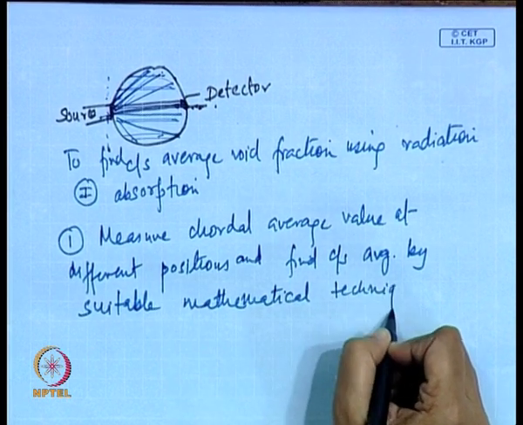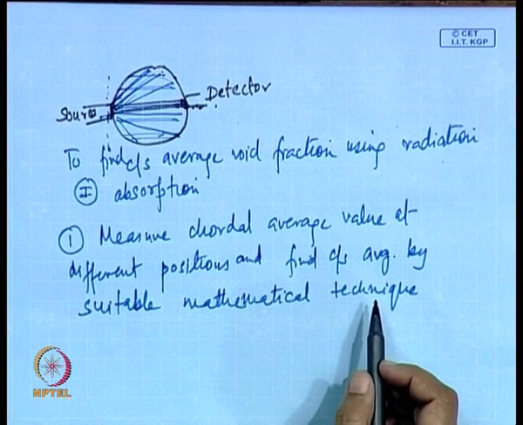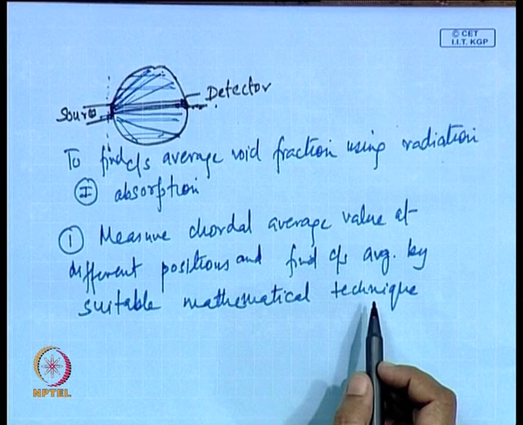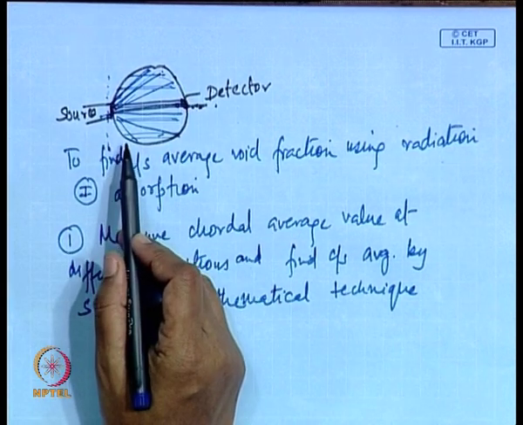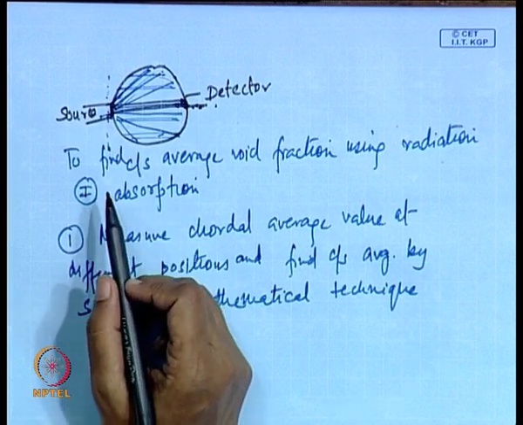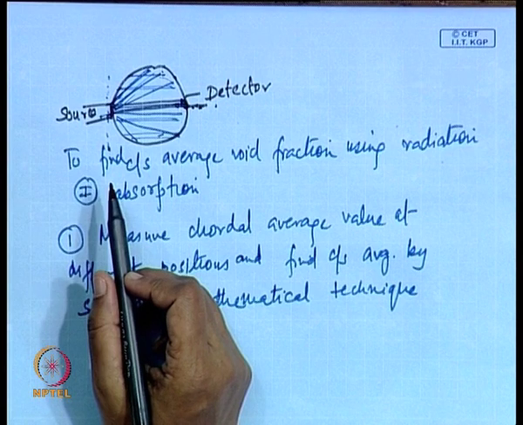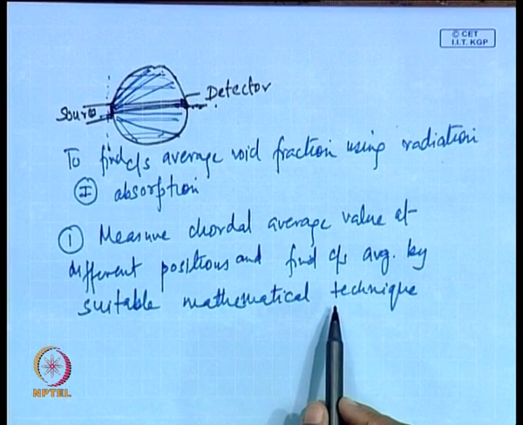Now, remember one thing, if we use this technique, then we cannot measure transient values. This will give you a time average case. Suppose this particular void fraction is varying with time. This transient response we cannot get by the technique which I have described.